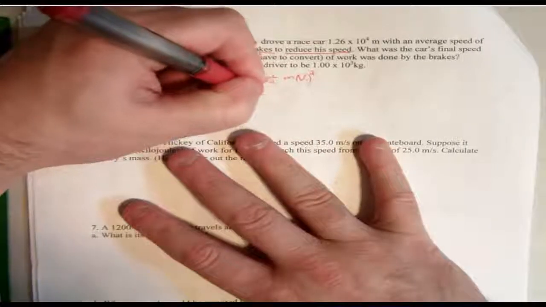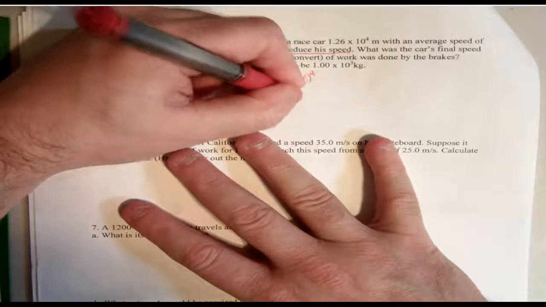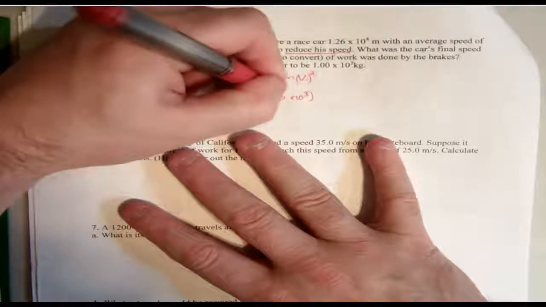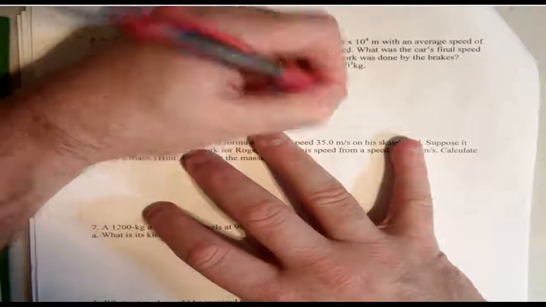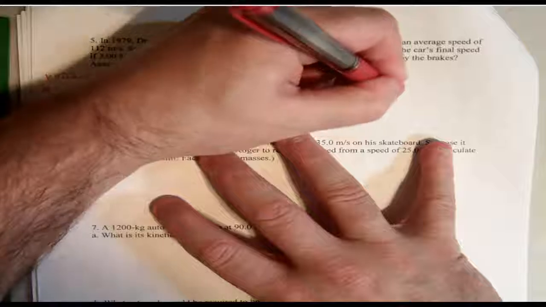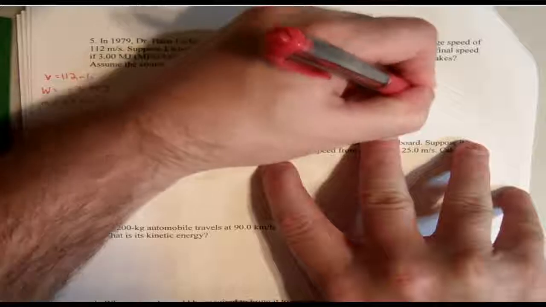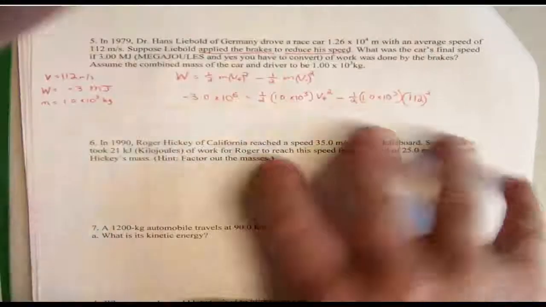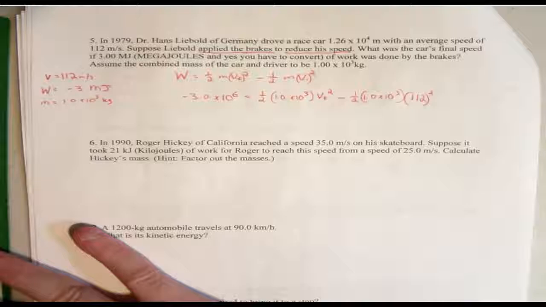Equals 1/2 times mass, which is 1.0 times 10 to the 3, times final velocity squared, minus 1/2, same mass, 1.0 times 10 to the 3, in parentheses so it stays together, times initial velocity, which is 112, squared. You're going to have a lot of scientific notation, so you're going to have to calculate this.